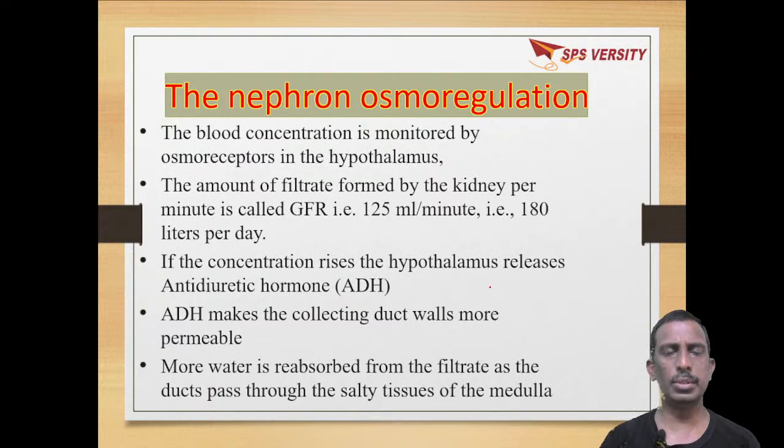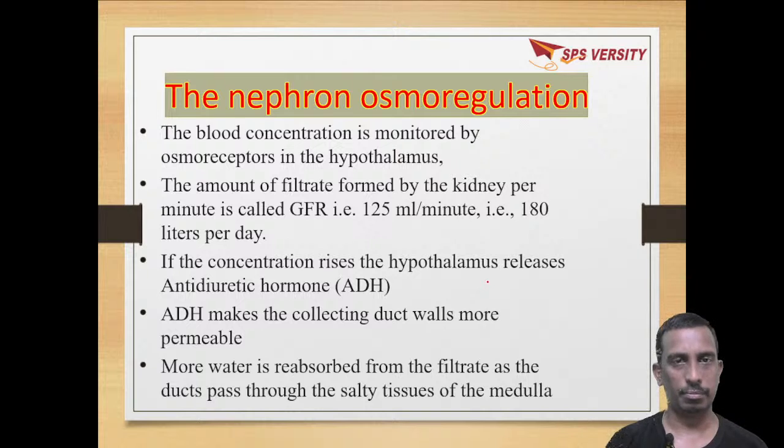Now we are going to study nephron osmoregulation. How is osmoregulation done in the nephron? The blood concentration is monitored by osmoreceptors in the hypothalamus.